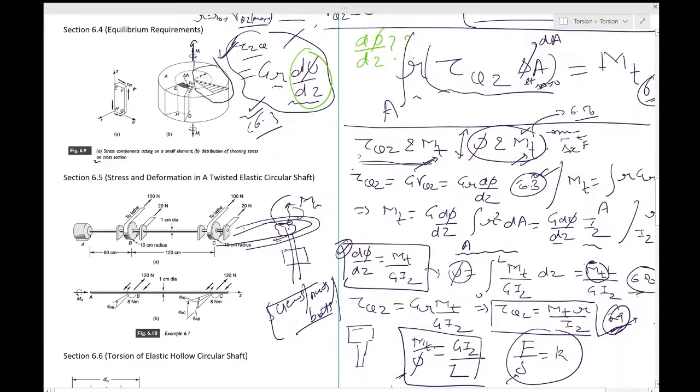The ratio in 6.10 is called the torsional stiffness of the shaft and is often denoted by the symbol K or C. So let's just use C. This is the torsional stiffness.